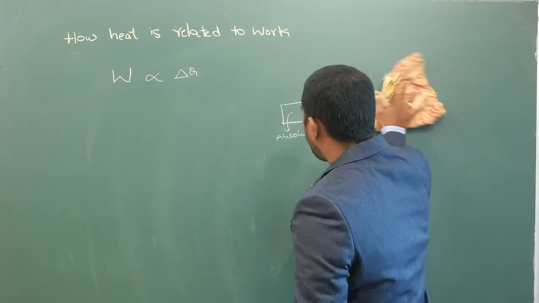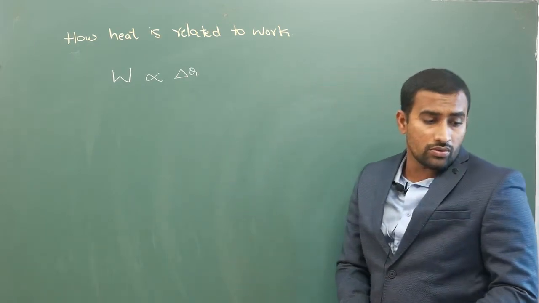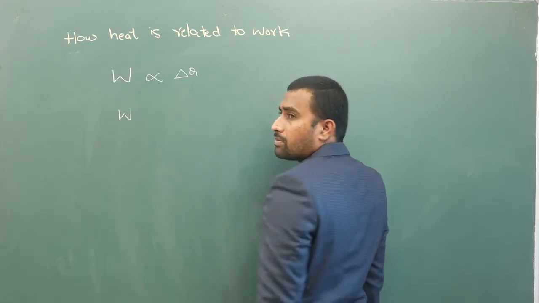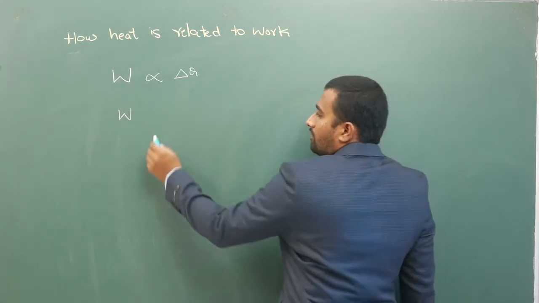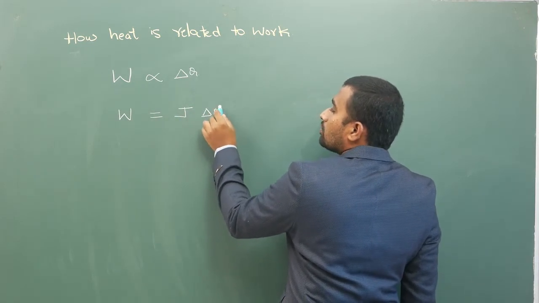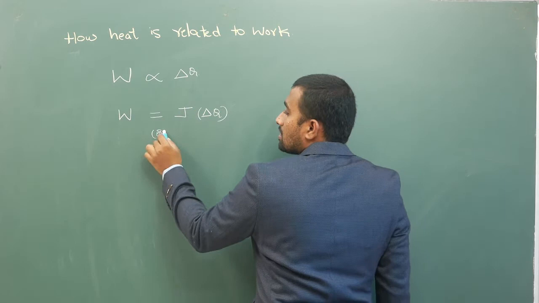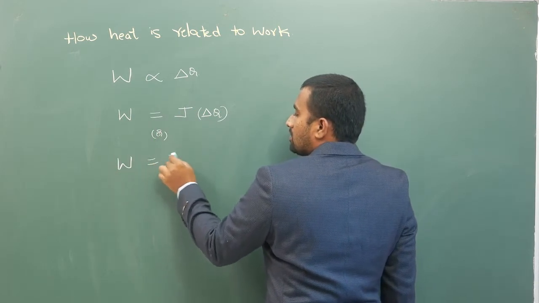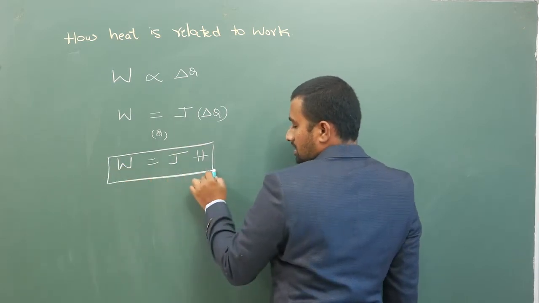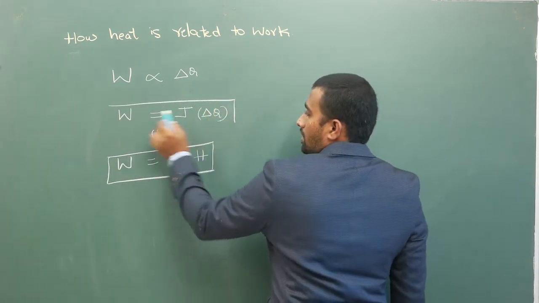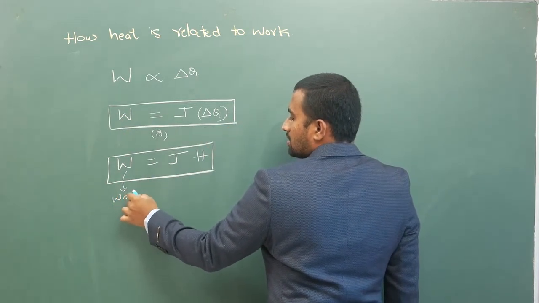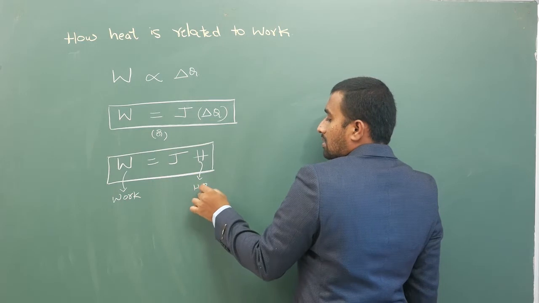If you remove the proportionality constant, your work is equal to J times delta Q, or people will write it as work done W is equal to J times H. This is the common definition that you see in the books. So this is your relation between work and heat.